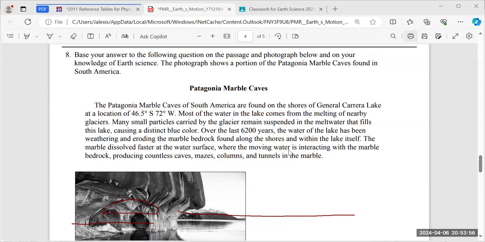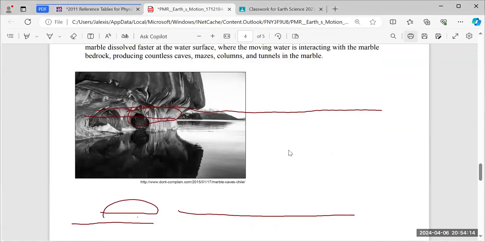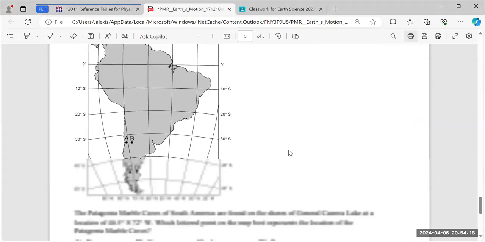So it's important for you to read these paragraphs, because sometimes they give you information that will help to answer the questions. The fact that they're telling us the coordinates for the Patagonia marble caves are 46.5 degrees south and 72 degrees west, all right. And so I'm just going to look.